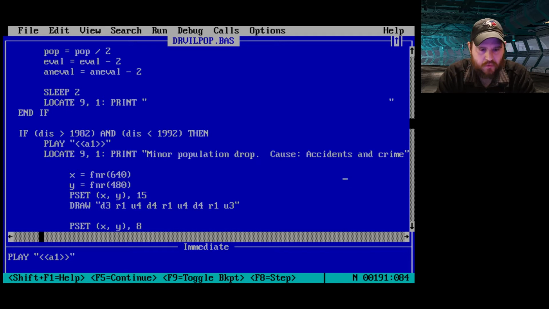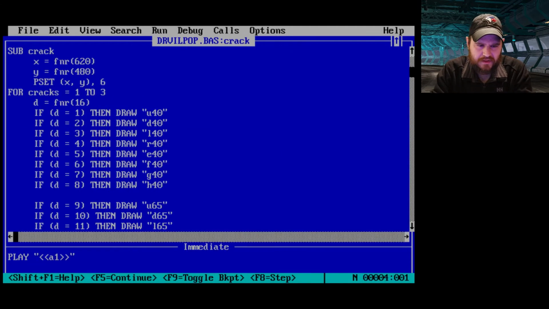Again, we choose a random coordinate on the screen. Of course, now we're going the entire width of the screen. Before, in crack, you notice we only went 620. That's 600, which left 20 pixels along the right side of the screen, and I guess that's because the crack may be going off to the right, but it could have been all the way to the left, so I'm not sure what he was thinking.